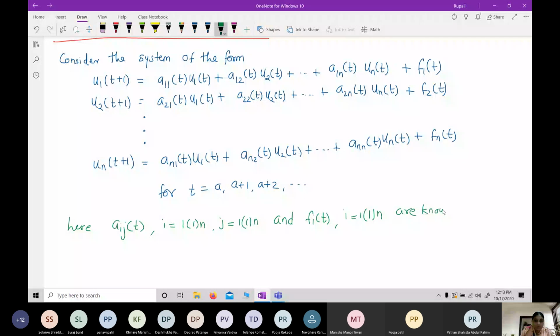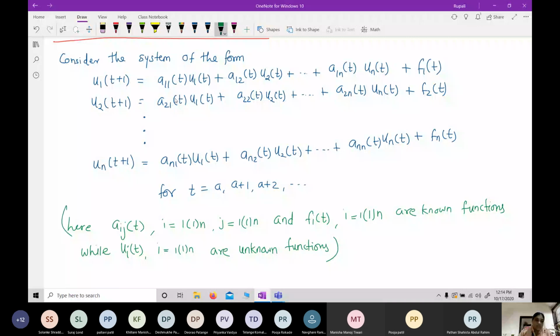While u1t, or I can say uit, i is equal to 1 to n are unknown functions. Okay, so this is the system of n equations in n unknowns.